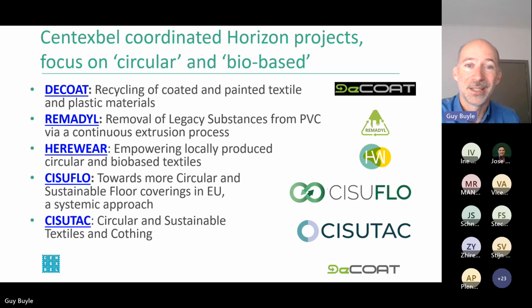And the important aspect for today is that in these other 4 projects mentioned here, that deal with a stronger or smaller focus on circularity, we're always also confronted with how to recycle coated objects. So in that sense, I think DECOAT is a very nice and very necessary element of going to circular material use.